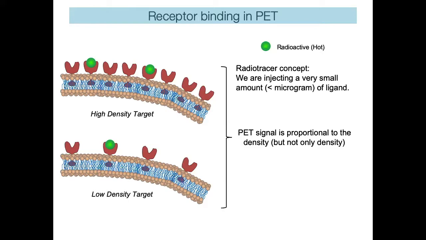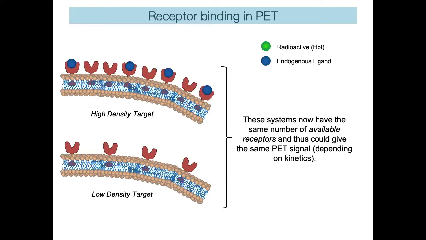But in vivo, there's a caveat to this, because you can also have endogenous ligands. Especially if you're talking about a neuroreceptor, you will have endogenous neurotransmitters. For example, if it's a dopamine receptor you're looking at, you will have endogenous dopamine, a neurotransmitter that's abundantly available in the brain.